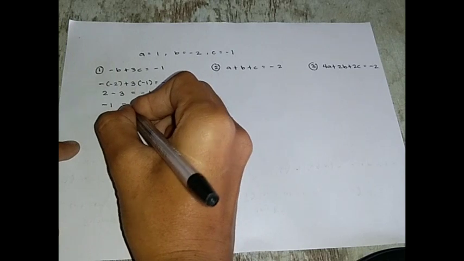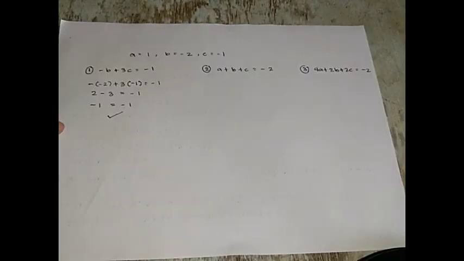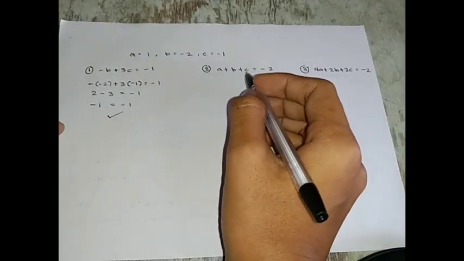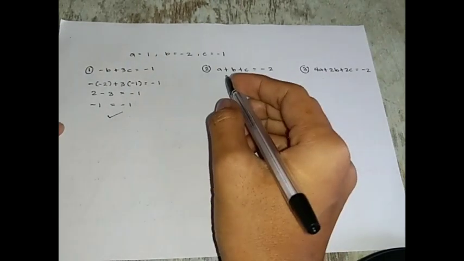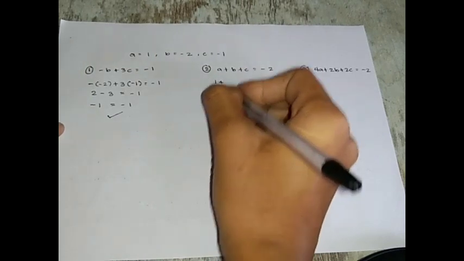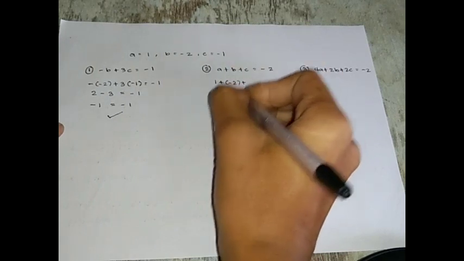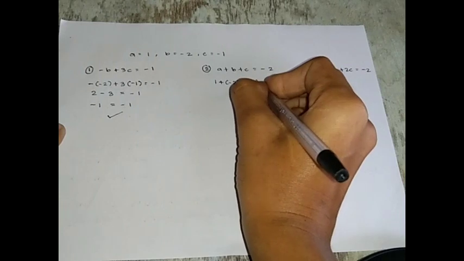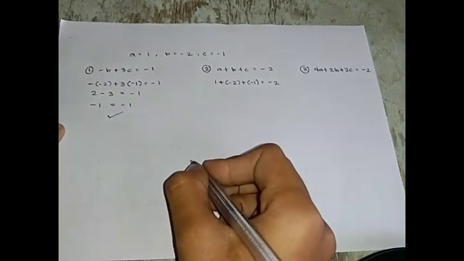Then, these are equal. The second equation from the second component is A plus B plus C is equal to negative 2. So, the value of A is 1, plus the value of B, negative 2, and the value of C, negative 1, is equal to negative 2.